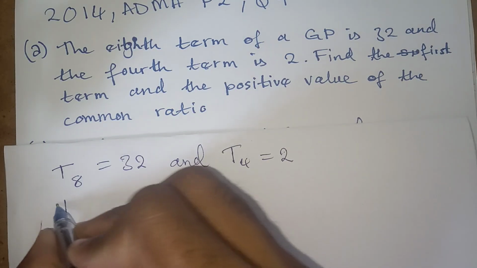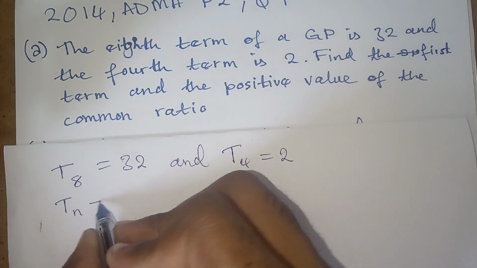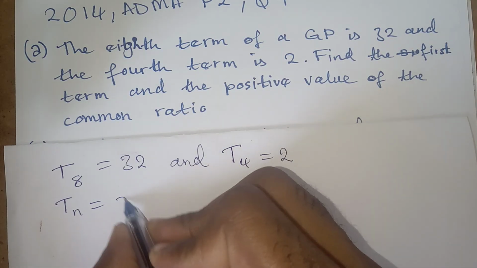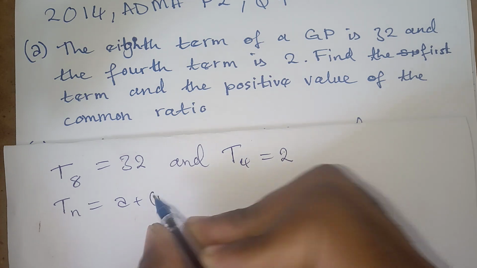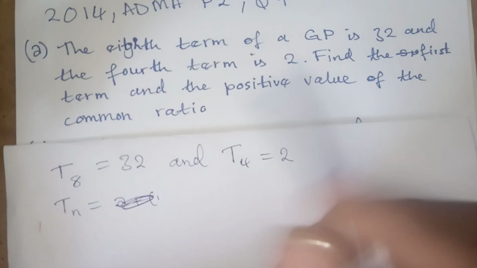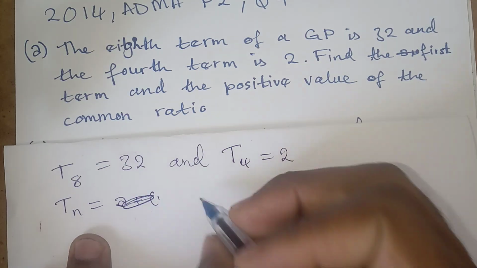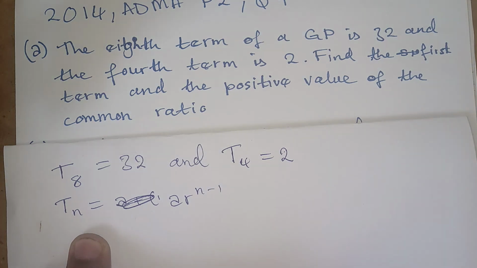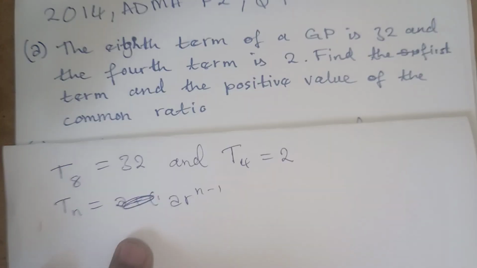So you know that the nth term of an AP is given by A plus, this is a GP. The nth term of a GP is given by A r to the power n minus 1.